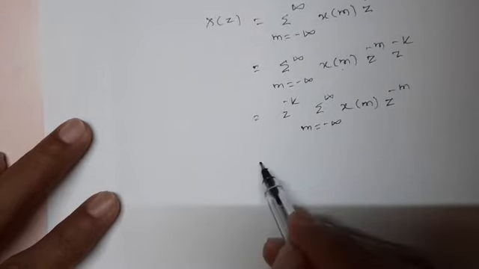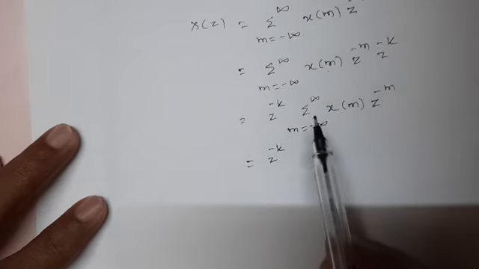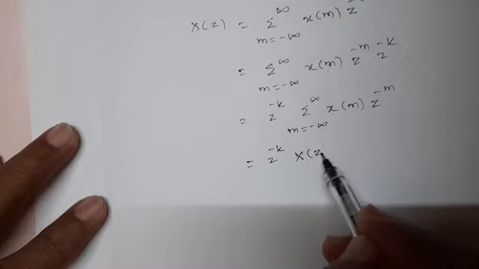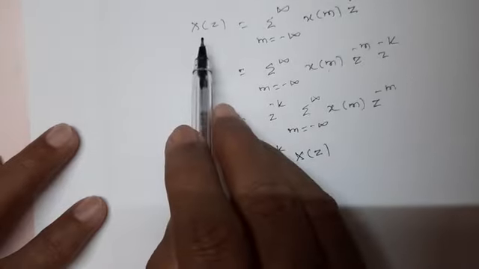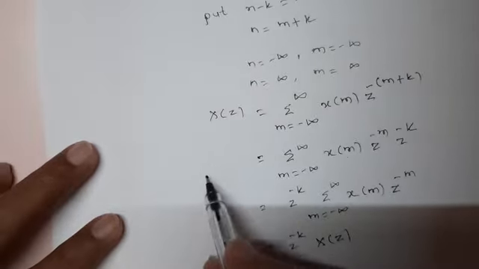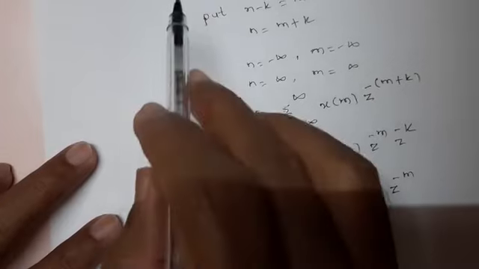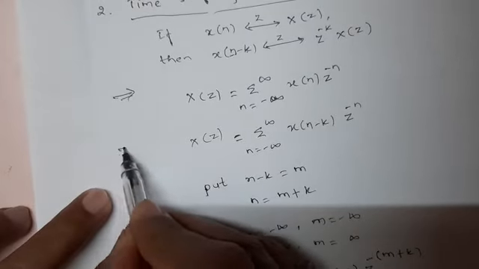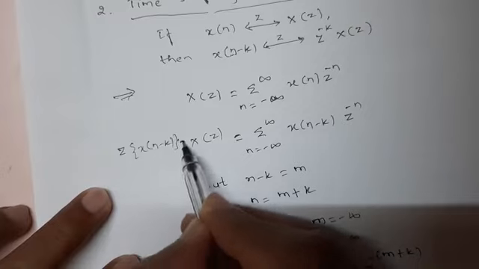So what is your equation? Z to the power minus k times summation m equal to minus infinity to plus infinity x of m z to the power minus m, which is X of z. So this was the z transform of x of n minus k.